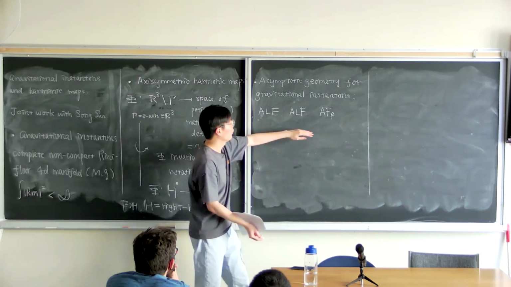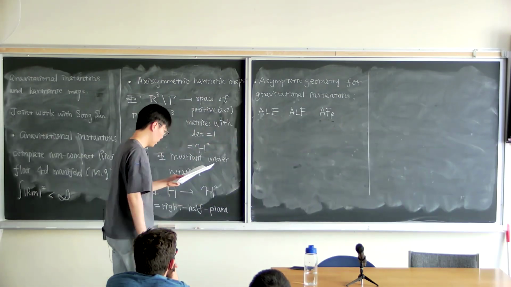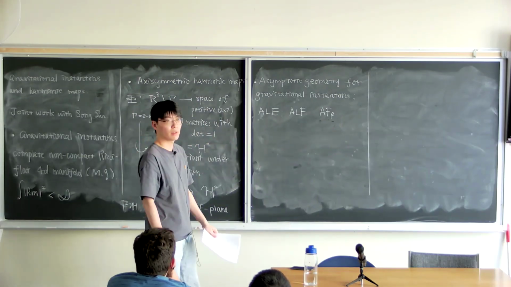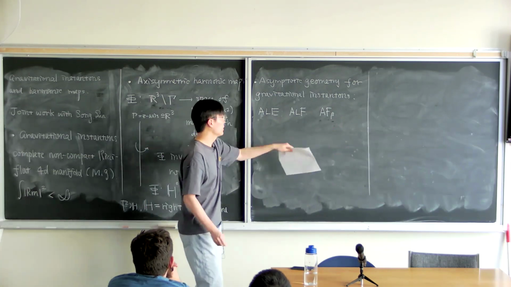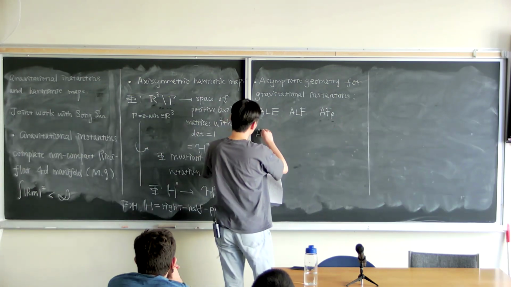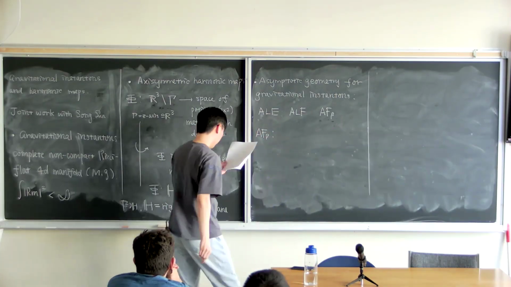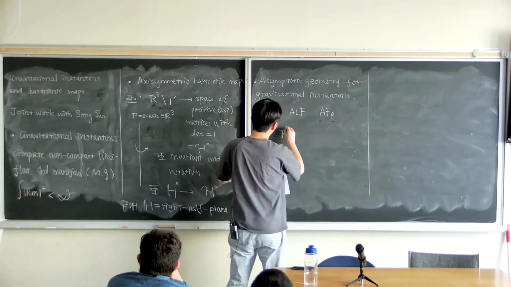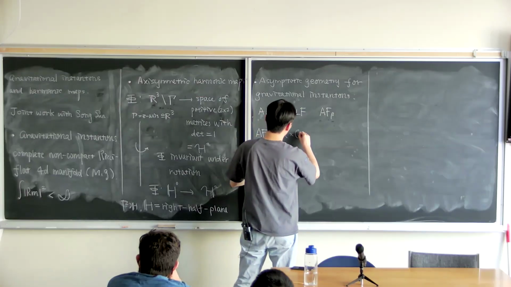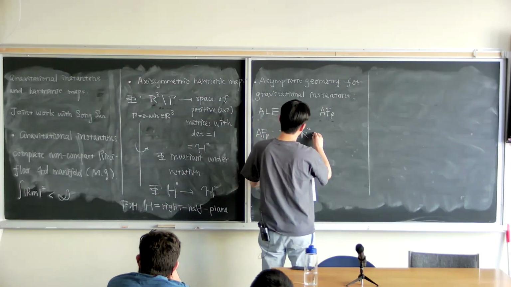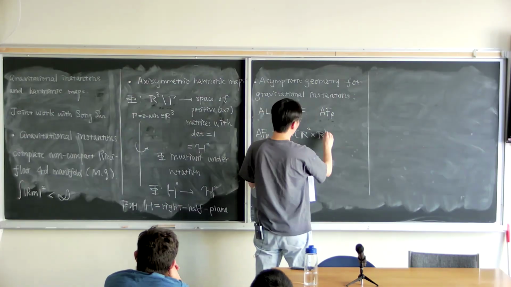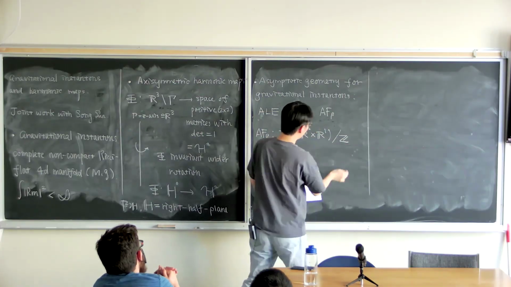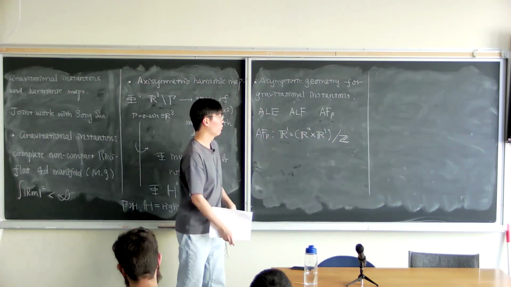We are going to talk about this AF beta model in our talk. And what is this AF beta model? It's basically just the Z quotient of R4. So the AF beta model, in my talk, is defined to be a Z quotient of this flat R4.